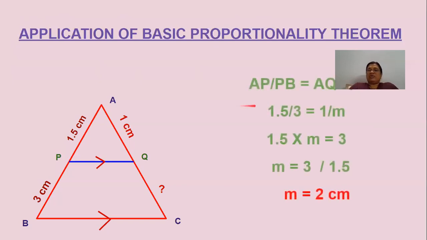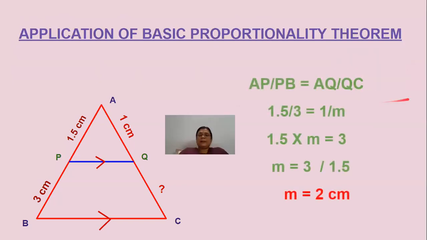See here how I found out. We all know that AP by PB is equal to AQ by QC. So I have substituted the values. AP is 1.5, PB is 3, and AQ is 1. We don't know the QC value, so I have taken it as small m. When I cross multiply, 1.5 into m is equal to 3.